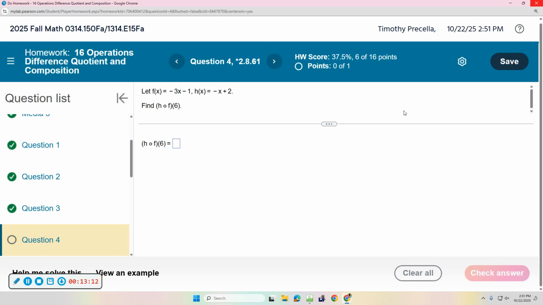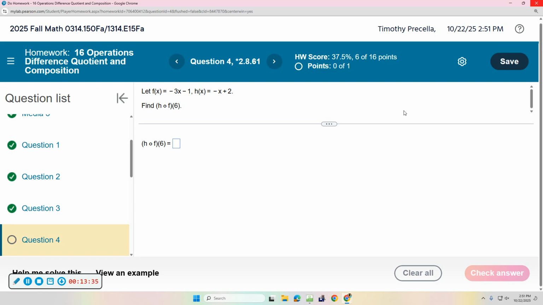We're told f of x is negative 3x minus 1. And h of x. Oh, of course you're using an h instead of a g. Okay. Functions can be named anything. F and g are the most common, but you can use any letter you want to.